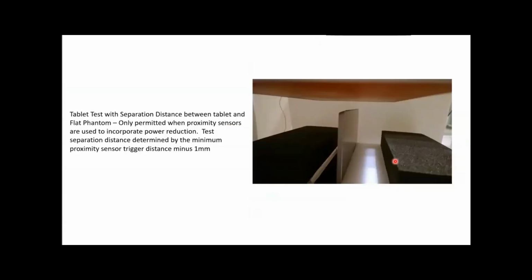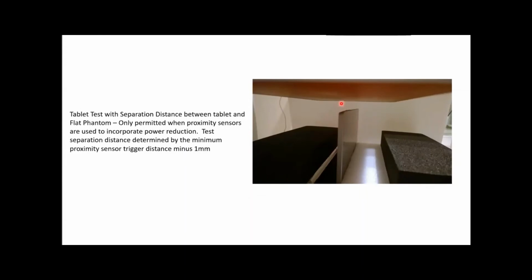And then, as I was saying, proximity sensors are the only way you can really get away these days with having a 0 millimeter SAR test. So in our devices, we have a capacitive sensor near the antenna, which detects when a body is next to the transmitting antenna. So we're allowed to have space between the device and the phantom, depending on how good the design of the sensor is, and also how much the antenna radiates.